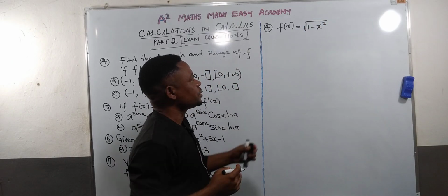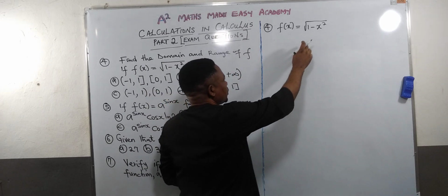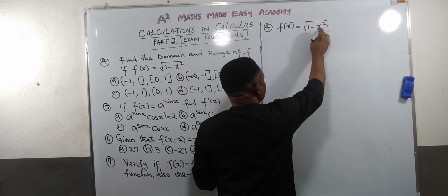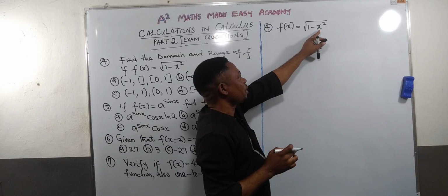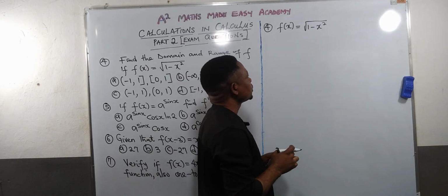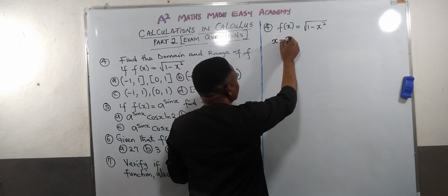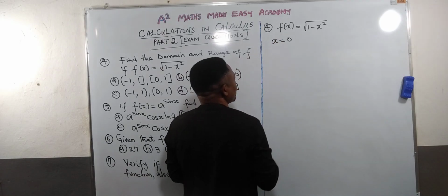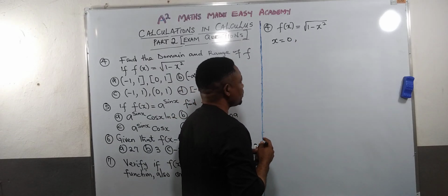How do we identify the domain of this first? The first thing we are going to do is to consider the value x. If you observe, this time around x is squared. So if I start with the least real number in between, which is 0, can I get the range? I believe so.